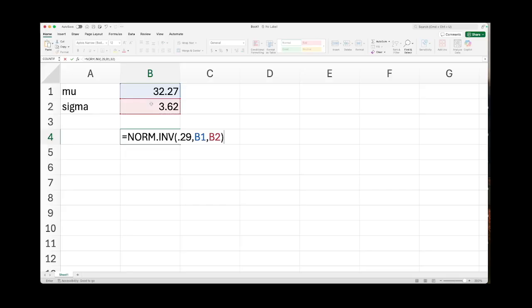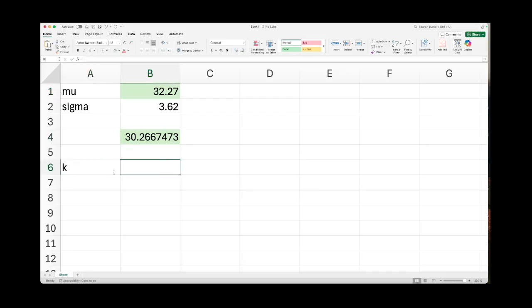And this will give us that lower x value, that lower endpoint on our interval. But we didn't just want this number. We wanted to know k, and our k was how far down we went from the mean to get this number. So to find k, we would do our mean minus this value that we found. So this number right here would be our k.